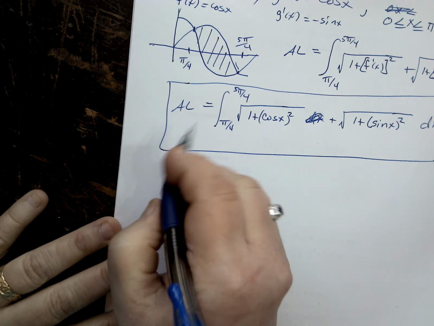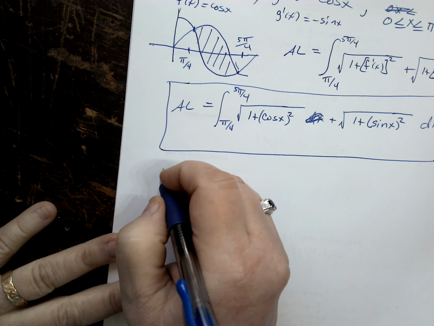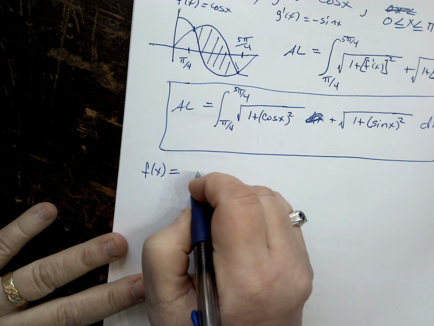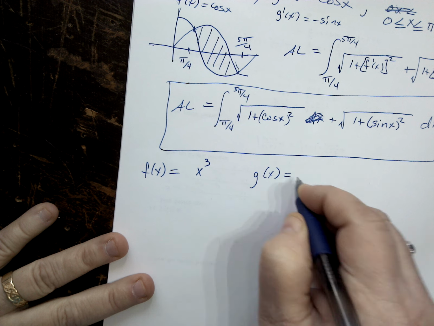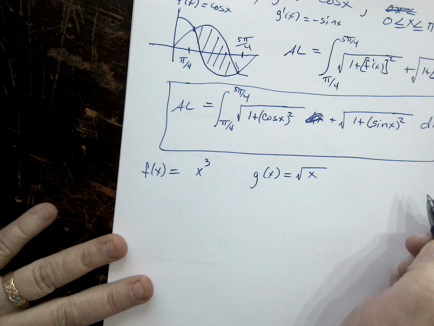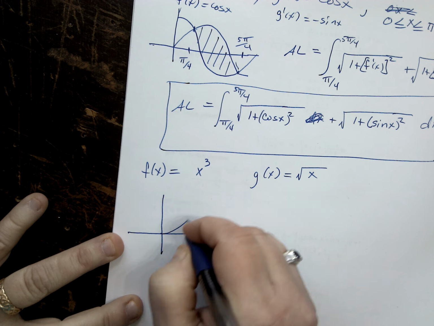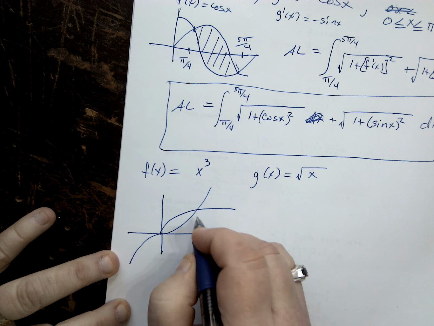Now, for surface area, I need different functions. How about we use f of x equals x cubed, and g of x is the square root of x. x cubed looks like that. Square root of x looks like that.